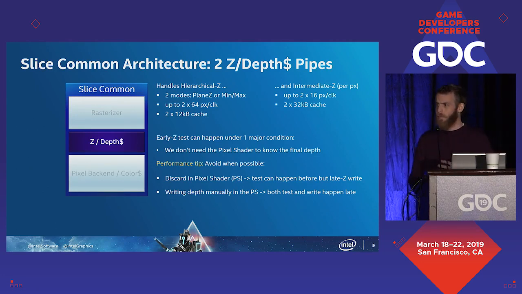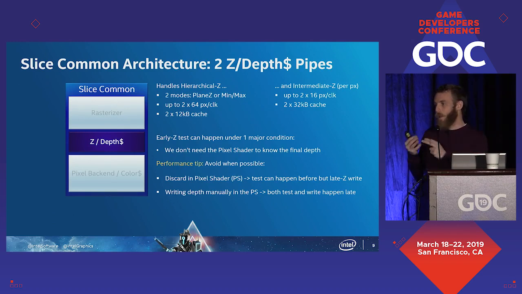So as I mentioned earlier, we can do early depth testing, but this requires one major condition: that we do not need the pixel shader to know the final depth value. And there are 2 cases mostly when that's not the case. The first one is when you call a discard in the pixel shader.